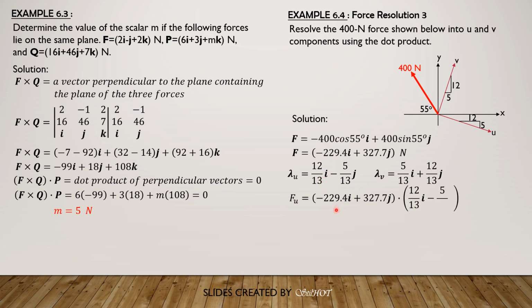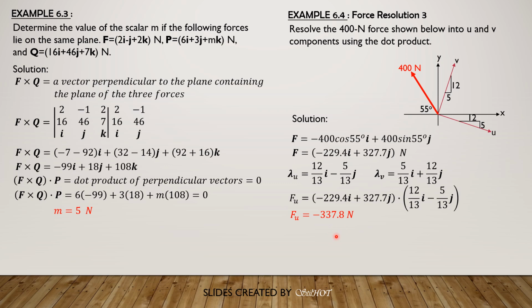So that's negative 229.4 i plus 327.7 j. This is F. Then dot lambda of u. That would be negative 229.4 times 12 over 13 plus 327.7 times negative 5 over 13.